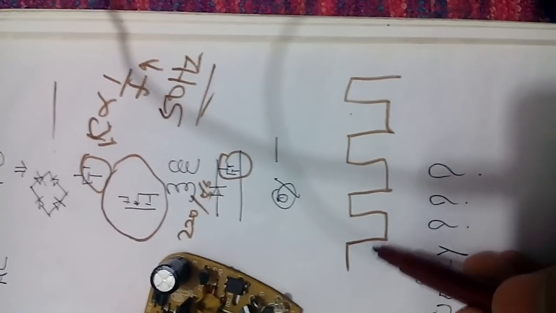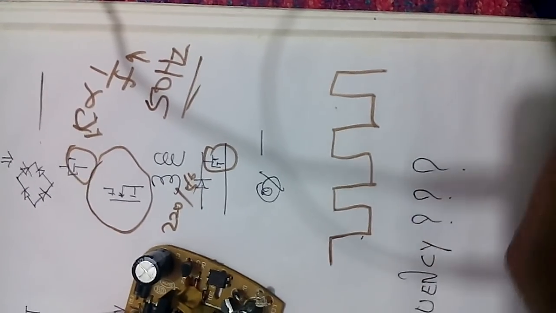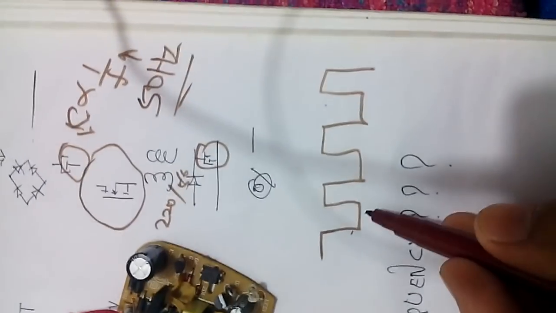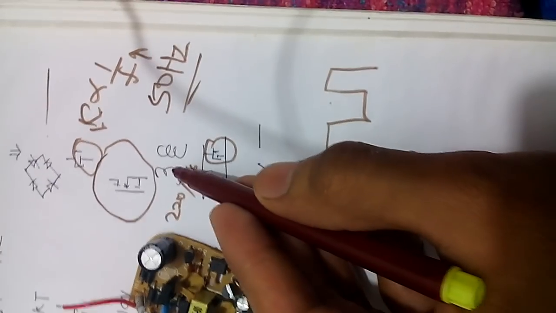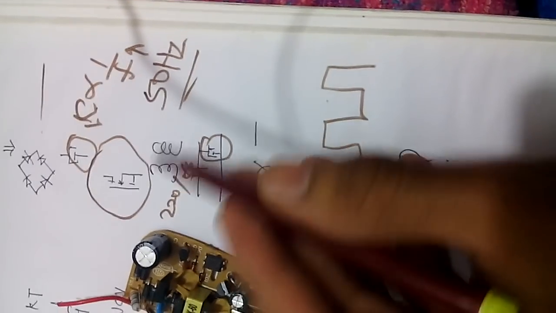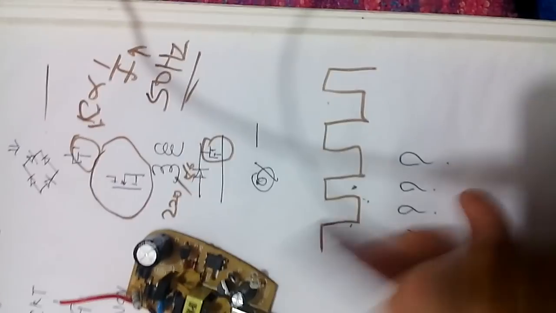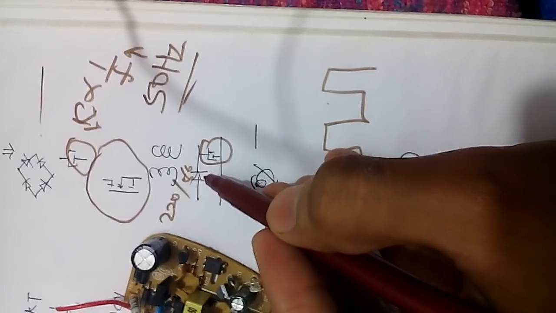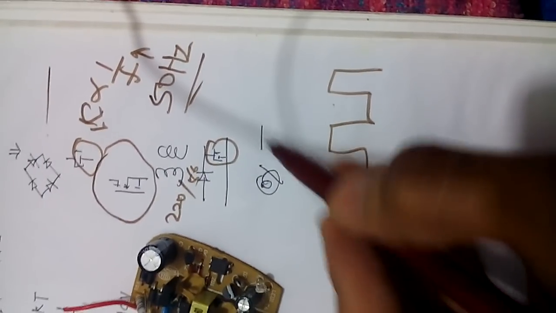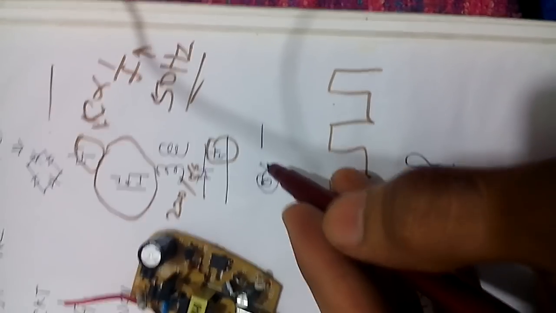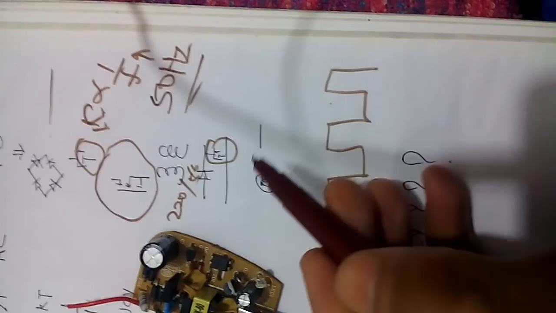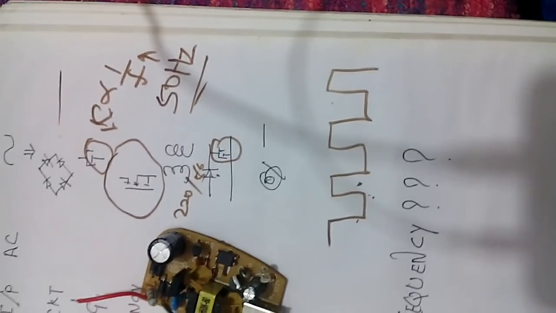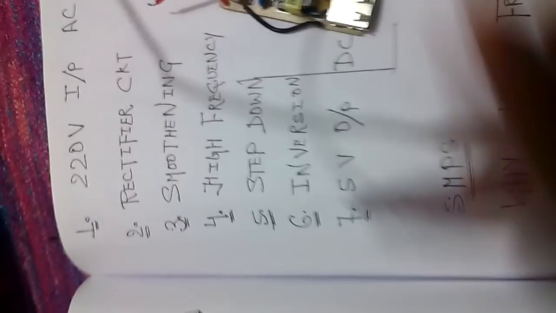The MOSFET does this: it switches on and off very frequently and converts this DC signal into a kind of AC signal, and that signal is fed to this transformer. This transformer steps down this AC signal, and we get a lower voltage at this output. As you need 5 to 6 volt DC for charging your cell phone, this AC signal is again converted into DC by this diode and this capacitor. Again this capacitor is used for smoothing the voltage.